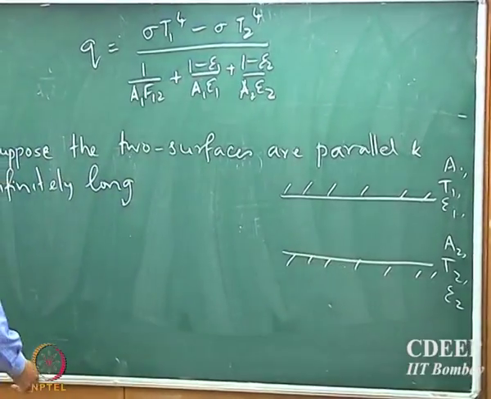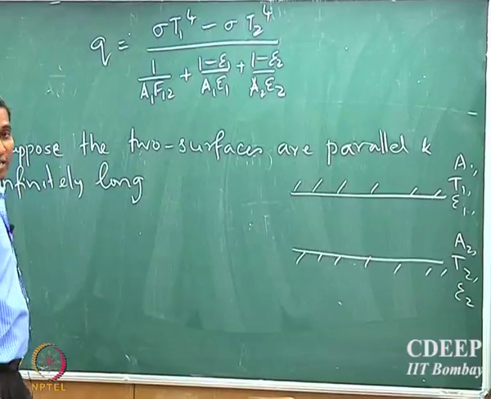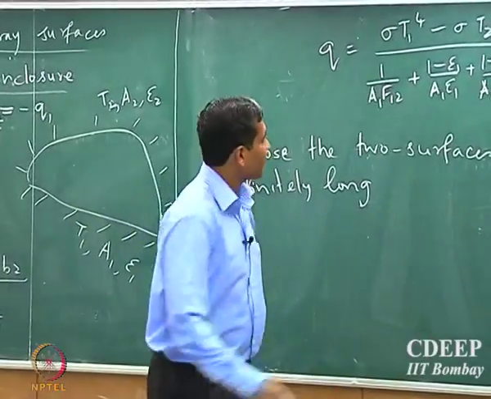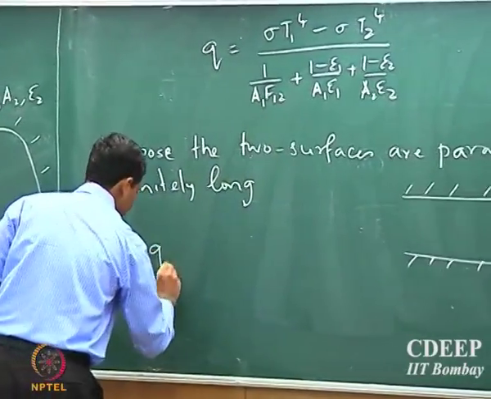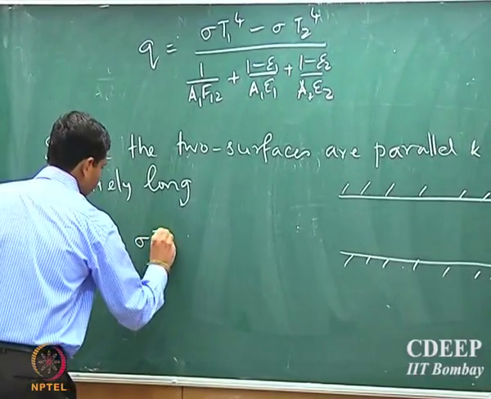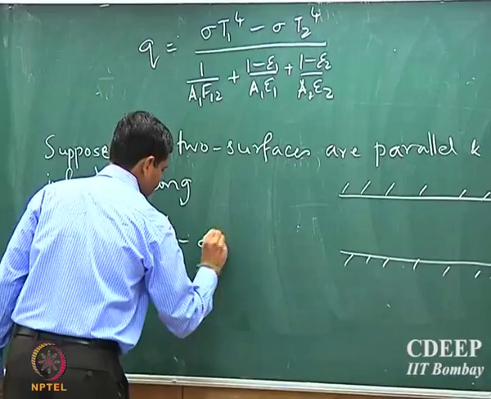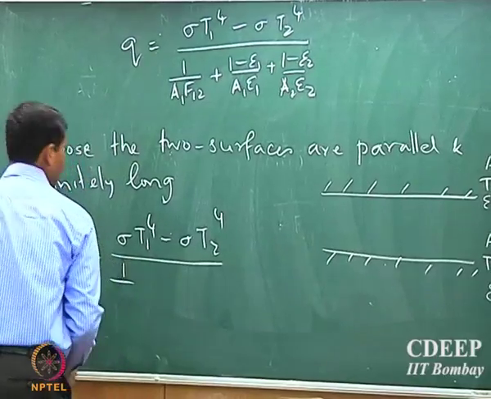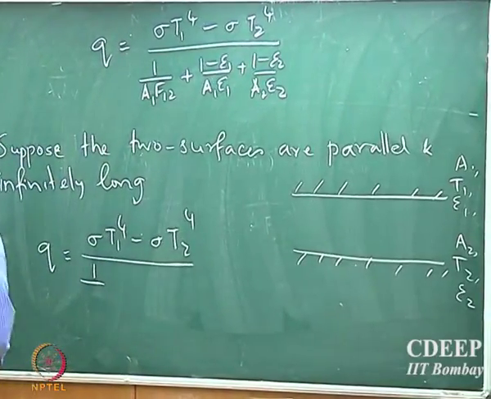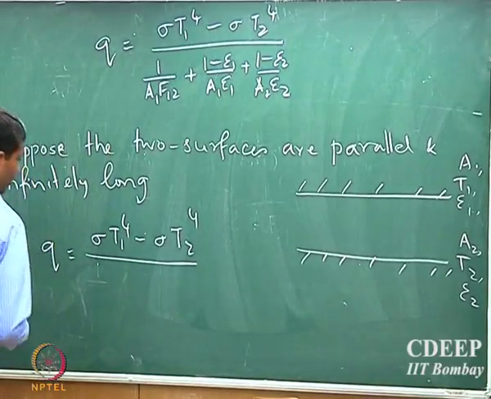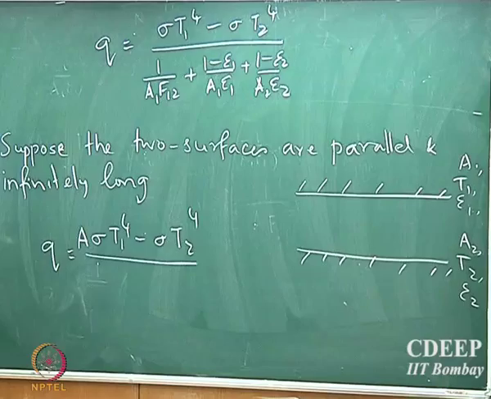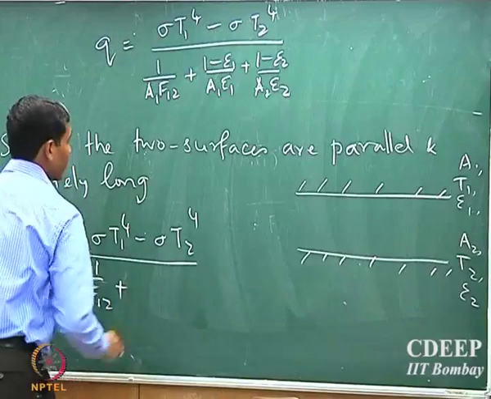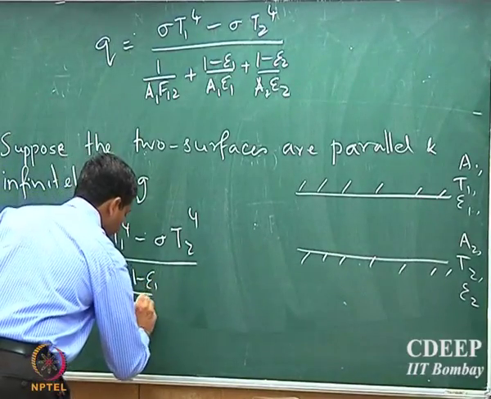So, it is the same system like what we looked at a short while ago, except that it is now infinitely long and parallel, and so the radiation exchange is still the same. So, it is sigma (T1 to the power of 4 minus T2 to the power of 4) divided by 1 by, A1 and A2 are same, so if I say the area of the parallel plate is A, that will be 1 by F12 plus (1 minus epsilon 1) by epsilon 1 plus (1 minus epsilon 2) by epsilon 2.